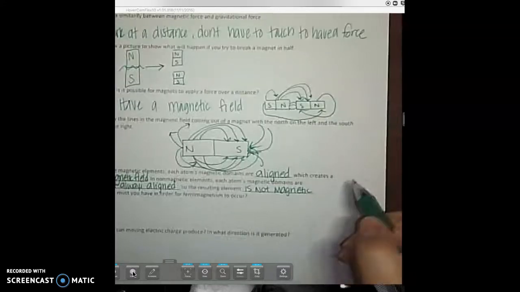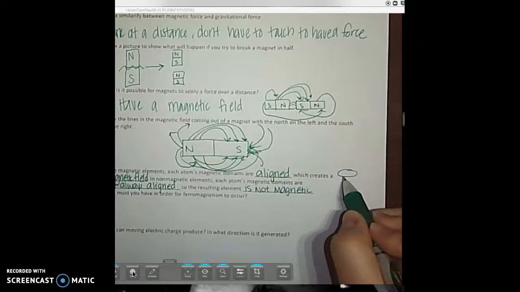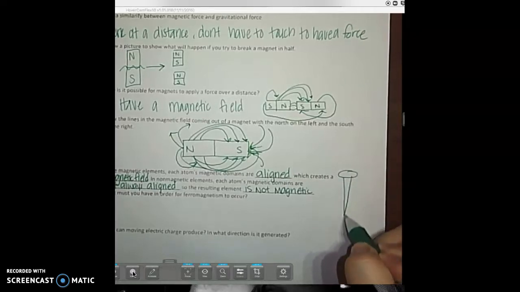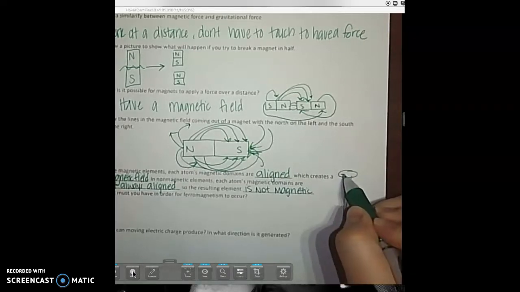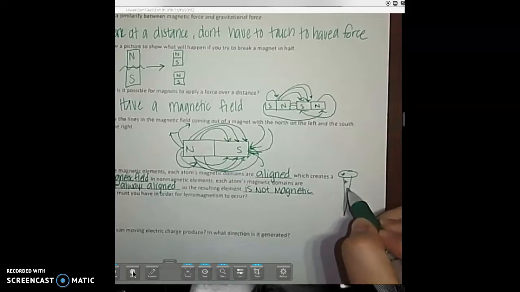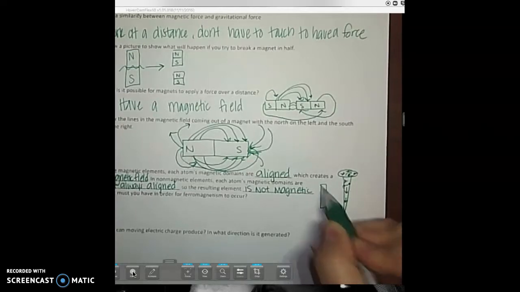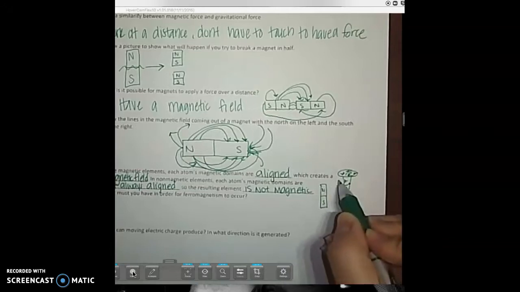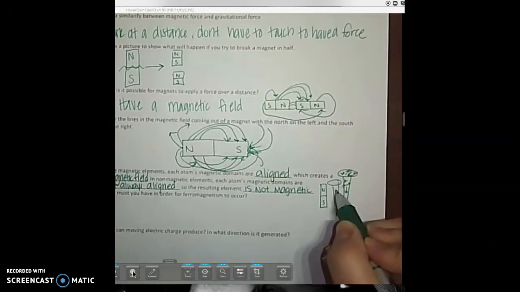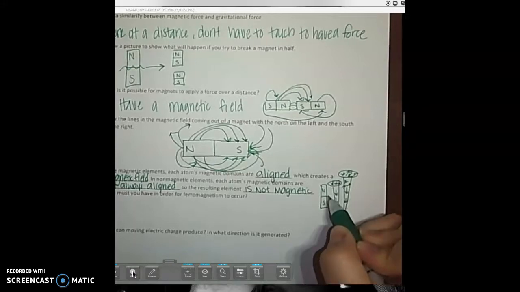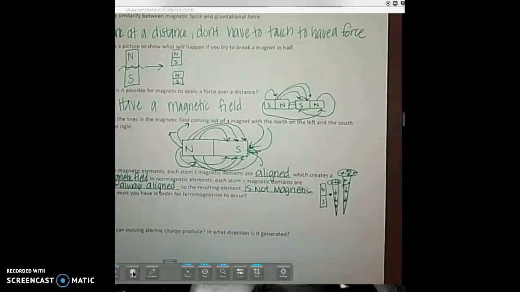Remember in this one, we had the nail, and we had those arrows just going every which way. Y'all remember that? They were just going all over the place. But then when we put a magnet beside it, they started to line up, and they all were going in the same direction. So this was in your notes. If you don't remember, look back in your notes.